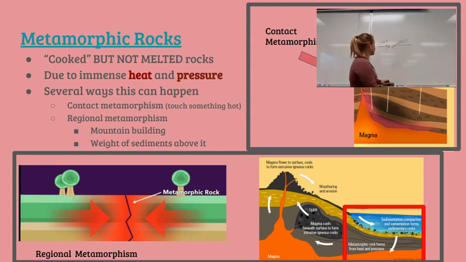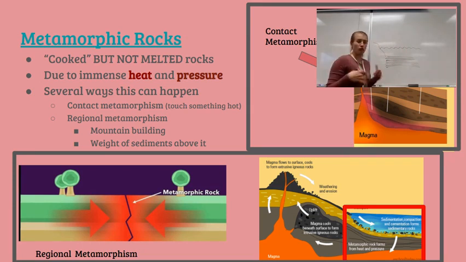Another way that you can have regional metamorphism over a big span is in this picture here. They have some layers of rock, and they also have water.